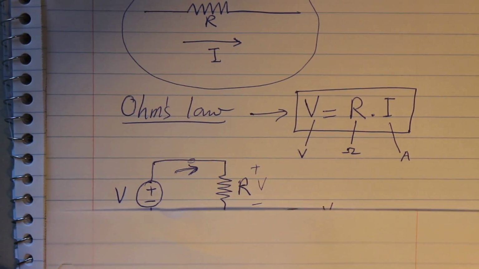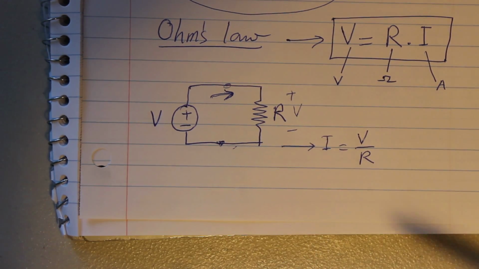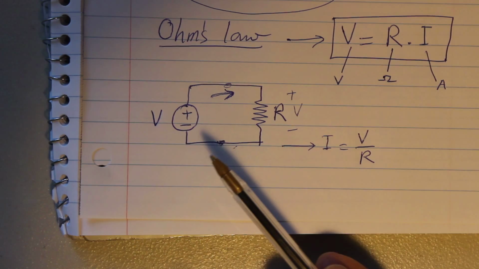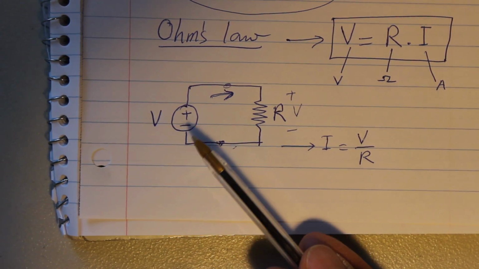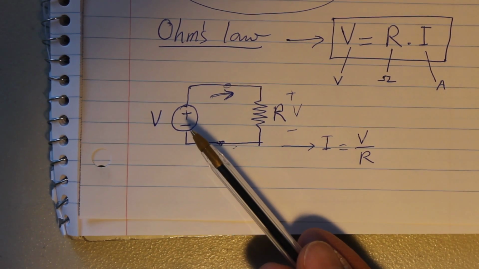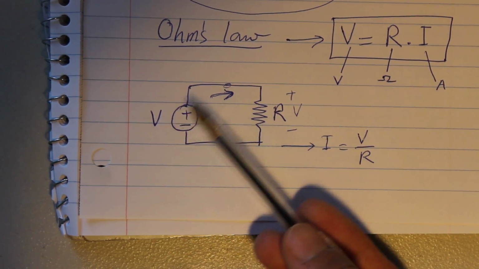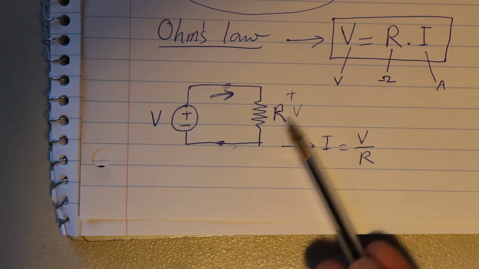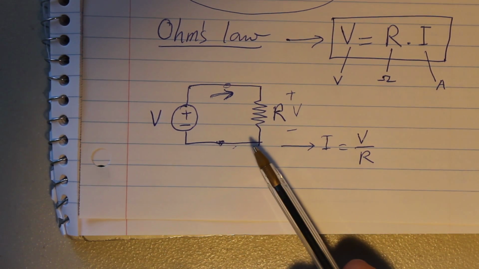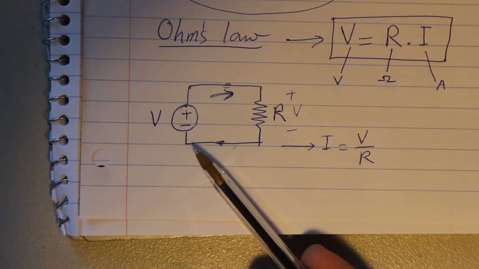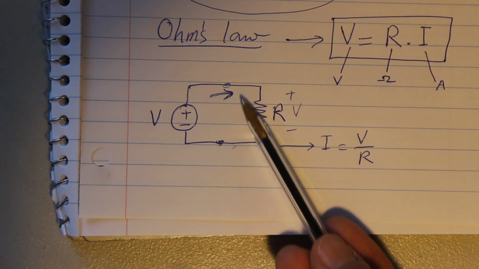Okay, and if I build a very simple circuit where I have a power source with the voltage across it V, directly connected across R, so basically holding hands with R, then you can see here that this voltage is the same as this voltage.